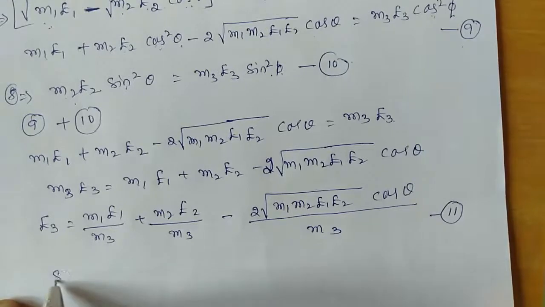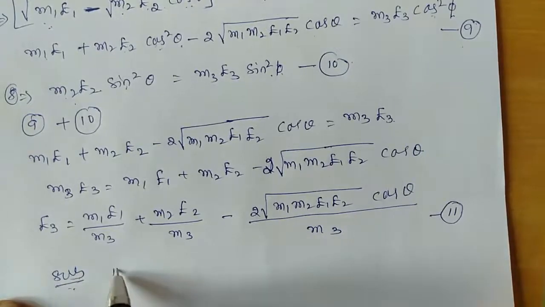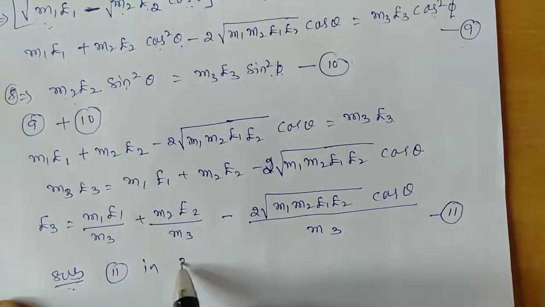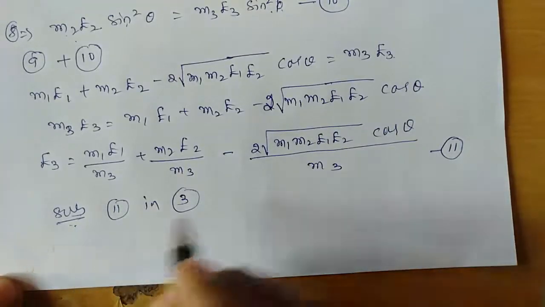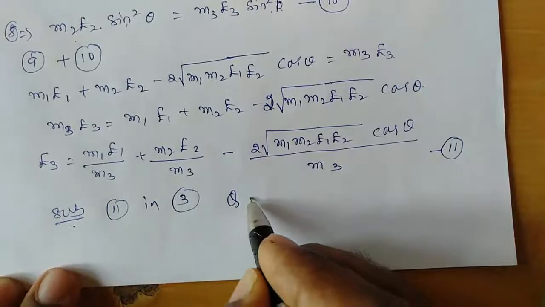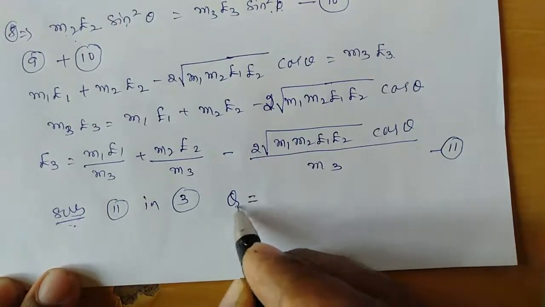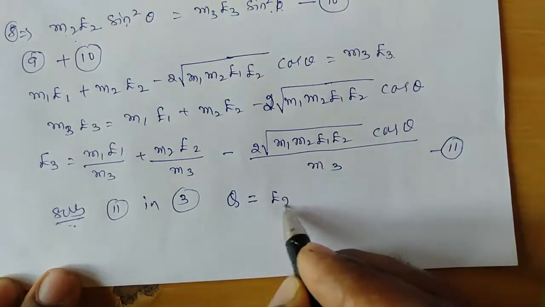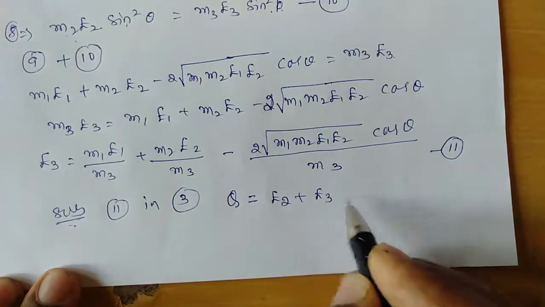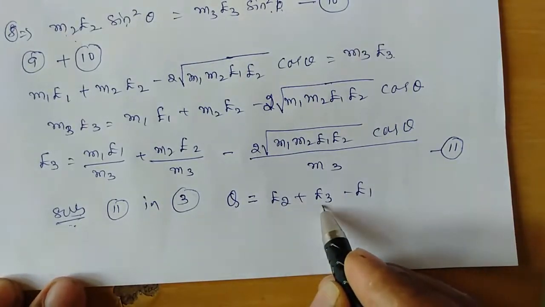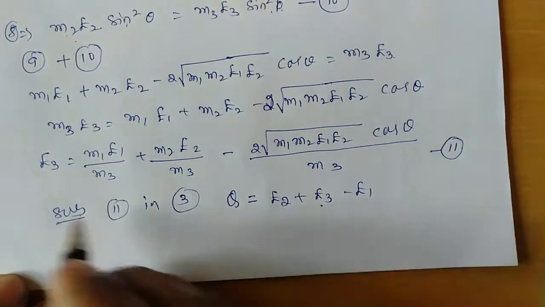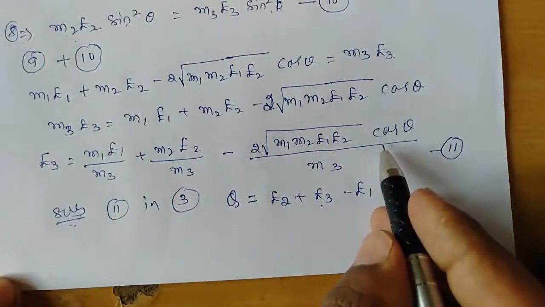Now substitute equation number 11 in equation number 3. Remember that equation number 3 was Q is equal to e2 plus e3 minus e1. We had an intention to calculate e3, and now we have this expression for e3.